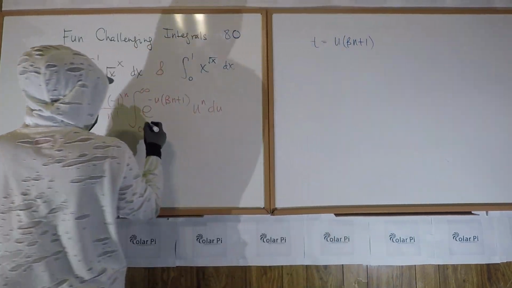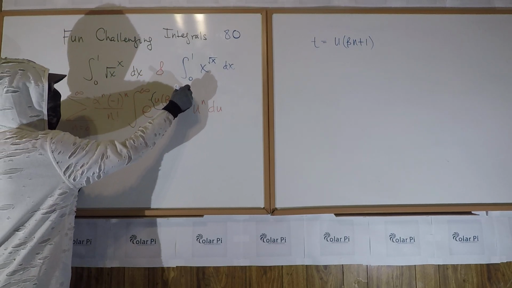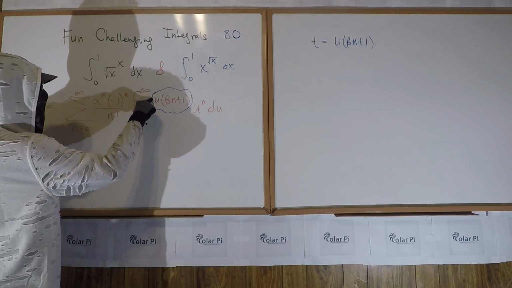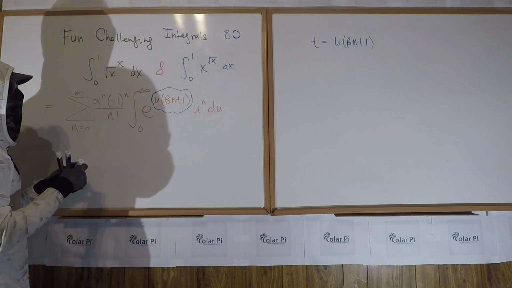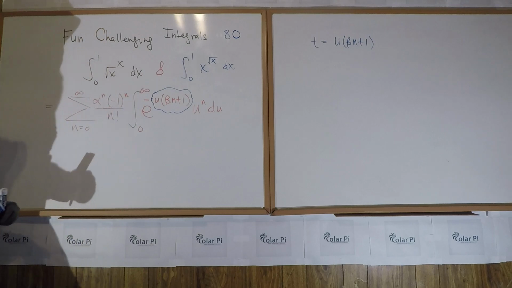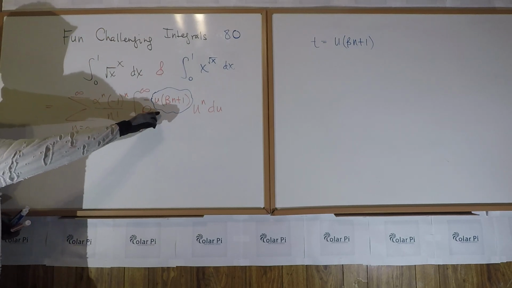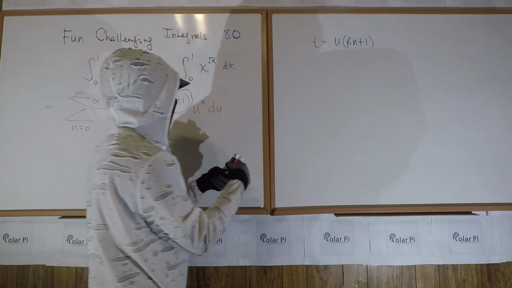So t is all of this except for the minus sign that I accidentally just went over. We had a minus sign right there, right? So t is this here. Okay, just making it clear.